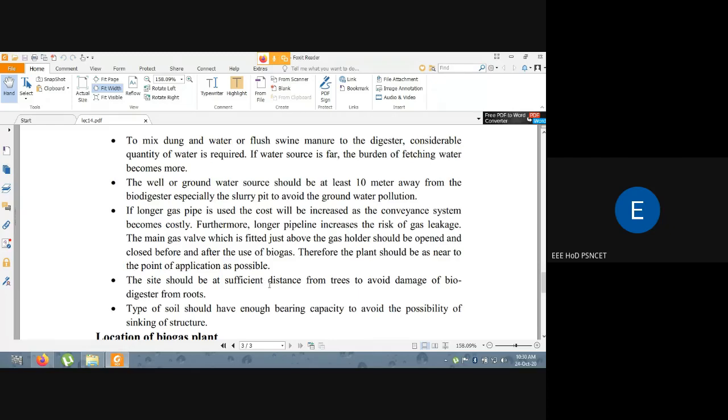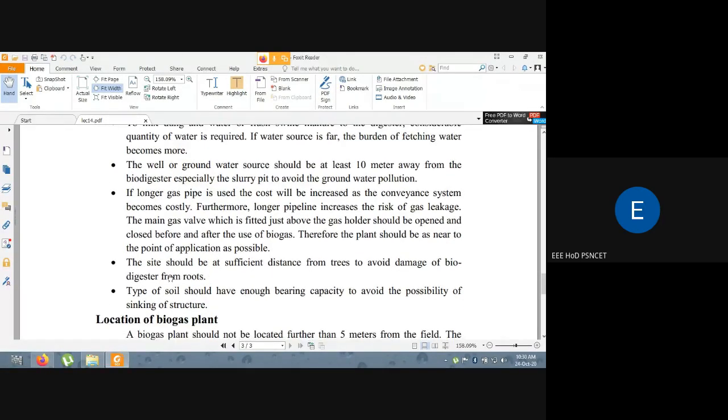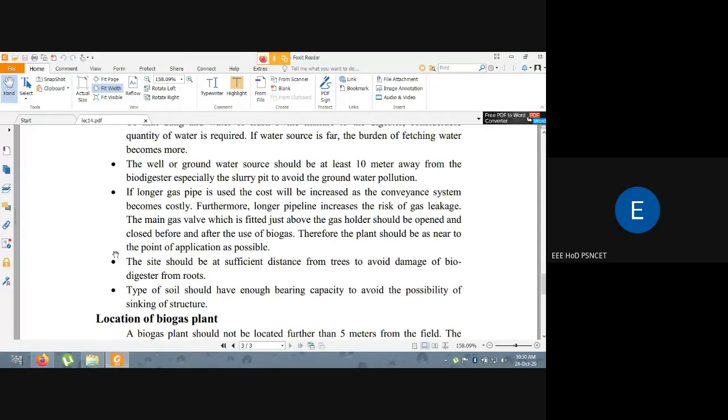The site should be at sufficient distance from the trees to avoid damage of the biodigester from roots. Okay, there should not be any huge trees nearby the digester because the digester is made up of bricks and cement.